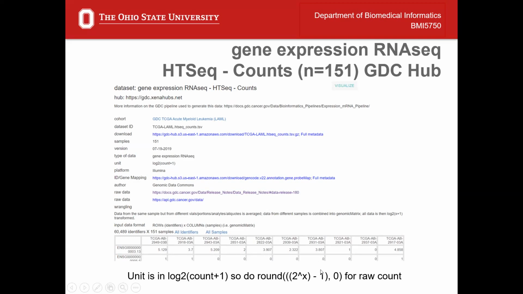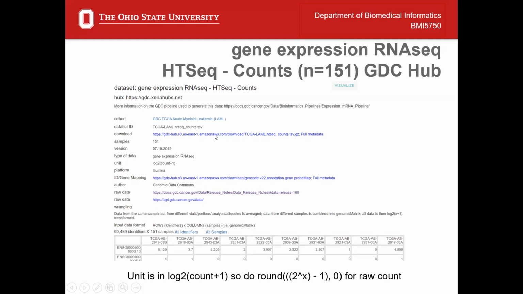And then we round it to 0 decimal places, because we want a raw count that is just a count. It can't have any decimal points at the end of it. So you'll see in the hands-on activity that we do later that I'm converting these log2 counts into just raw counts. But this is the download page for the gene expression raw counts.